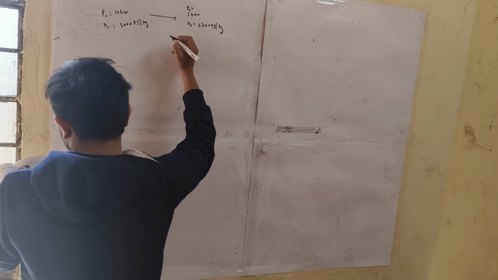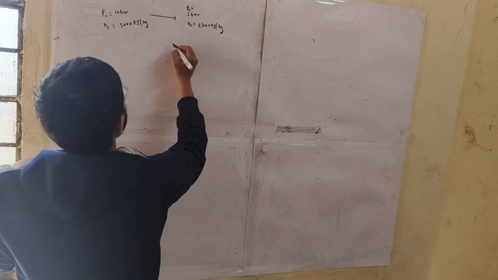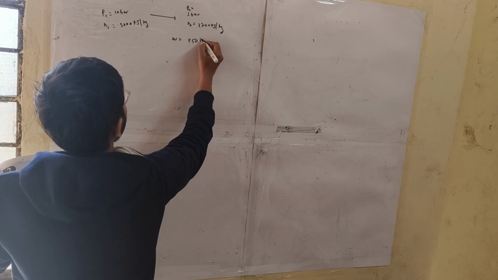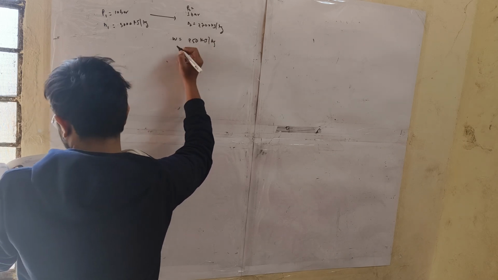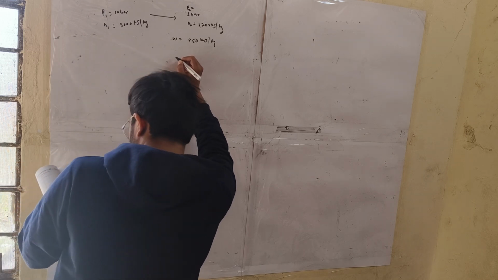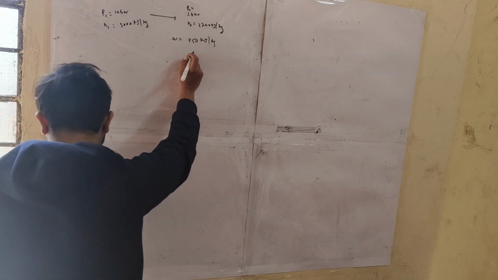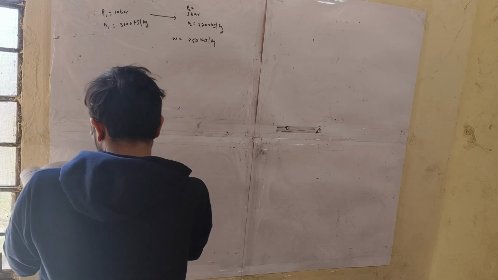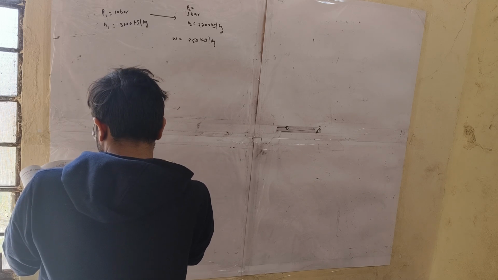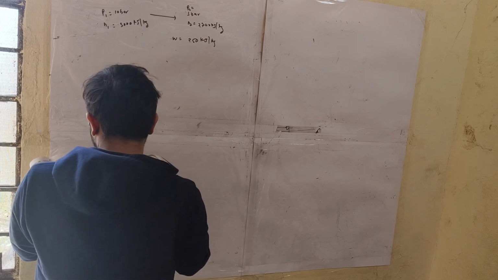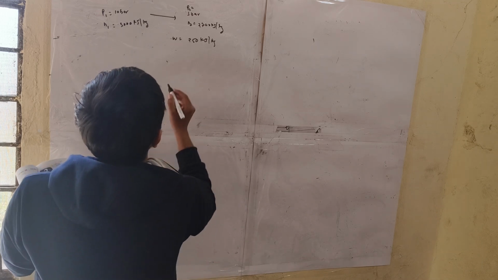kilojoule per kg. The work output W is 250 kilojoule per kg. The changes in kinetic and potential energy are negligible. The heat transfer from the casing to the surrounding is what?